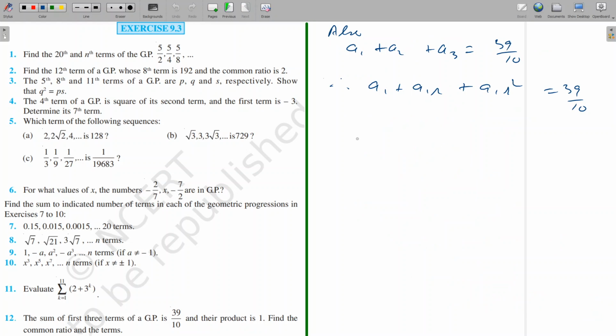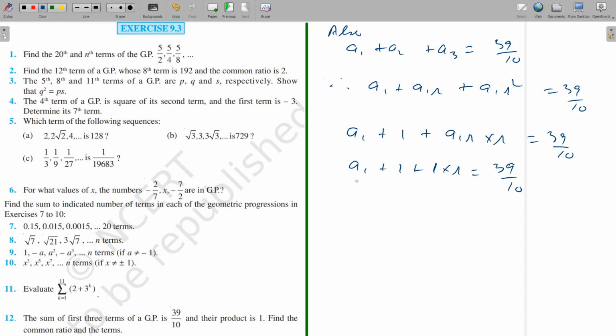So we'll get A1 as it is plus A1R is 1 plus A1R into R equal to 39 by 10. A1 plus 1 plus, what is A1R? That is 1. So 1 into R equal to 39 by 10.